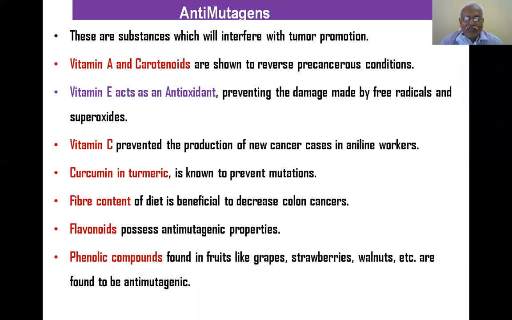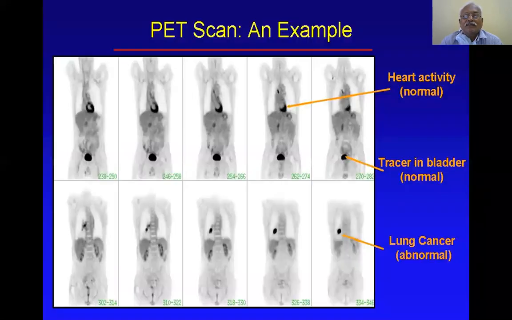The happiness of taking a sweet grape will vanish if we chew that grape seed in between our two molar teeth. But all said and done, the phenolic compounds present in the grape seeds, strawberries, and walnuts, they all will help. They are found to be anti-mutagenic.